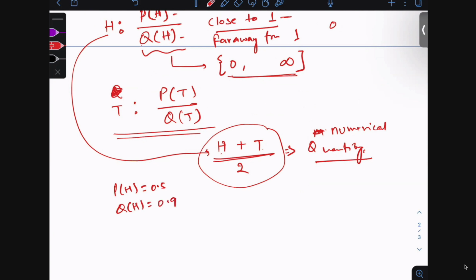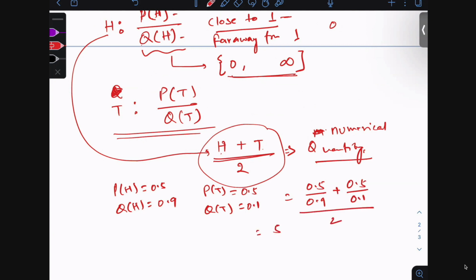My P tail is 0.5. My Q tail was 0.1, correct? If I arrive at this, let's calculate the formula. 0.5 by 0.9 plus 0.5 by 0.1, divided by 2. That is equal to 5 by 9 plus 5, divided by 2.